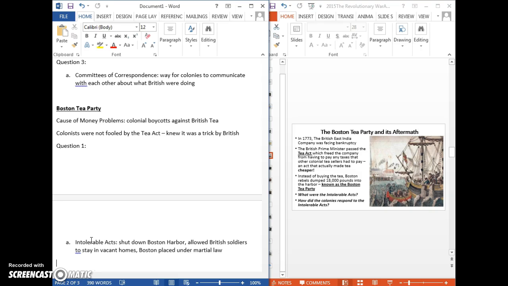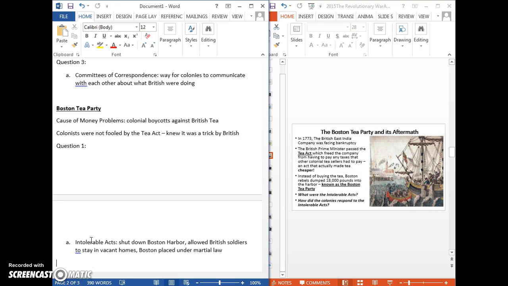So the Prime Minister passed what's called the Tea Act. This actually freed the company from having to pay any taxes, and made the tea cheaper. This was a way that the Prime Minister thought he could trick the colonists into actually supporting an act by Parliament, and in turn it would also help out this company.